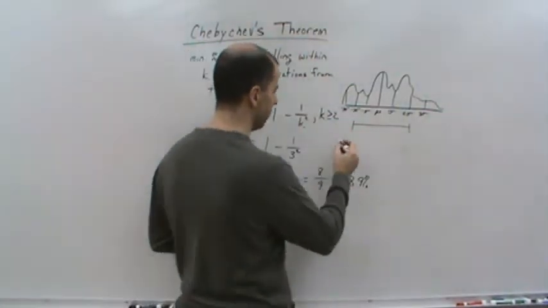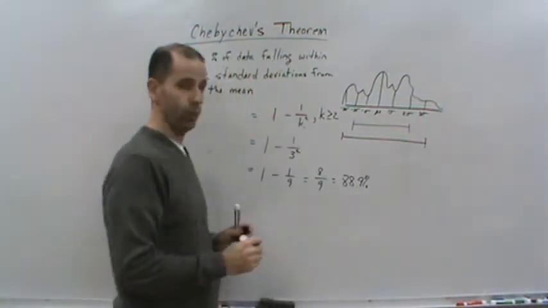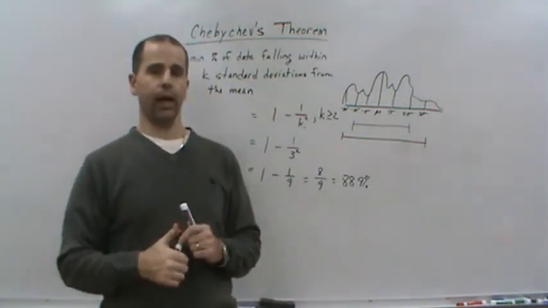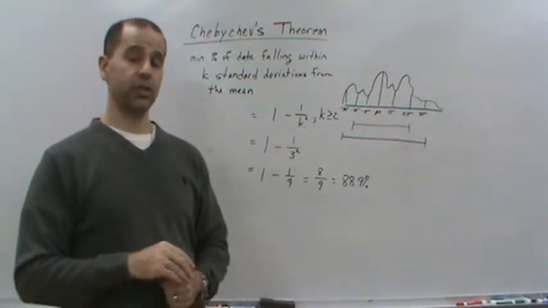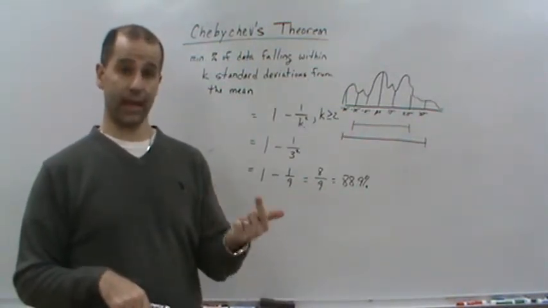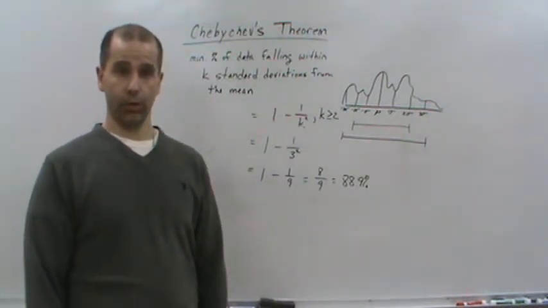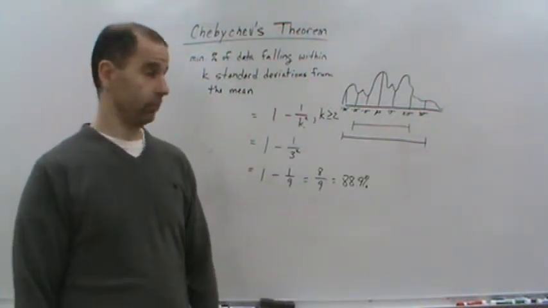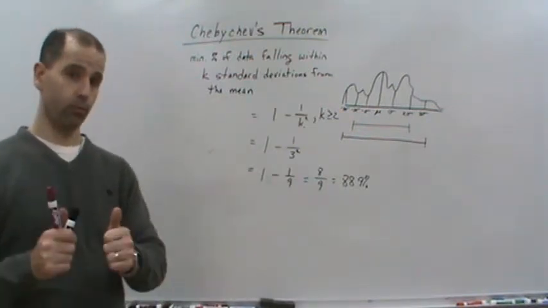But again, that's between these two values, within 3 standard deviations. And that's how you apply Chebyshev's theorem. It is only applied to situations where you know the mean and standard deviation, but you don't know anything else about the population or the sample. You don't know anything about the distribution. Does that make sense? Good.